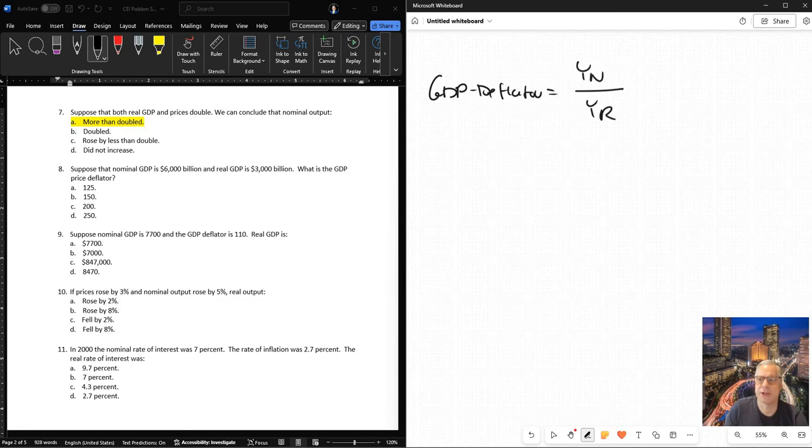So we just plug in the values, 6,000 over 3,000, so that is 2. And then if you still want to multiply this times 100, that's 200, or 200%, so 200.